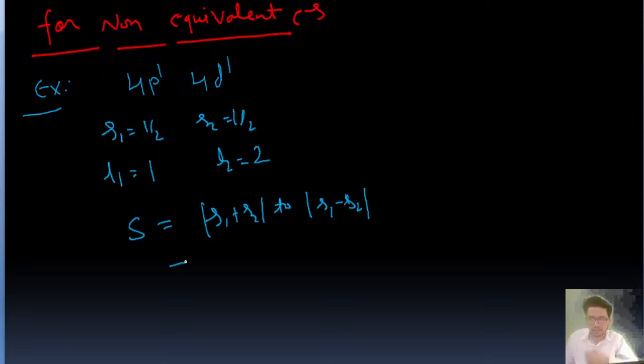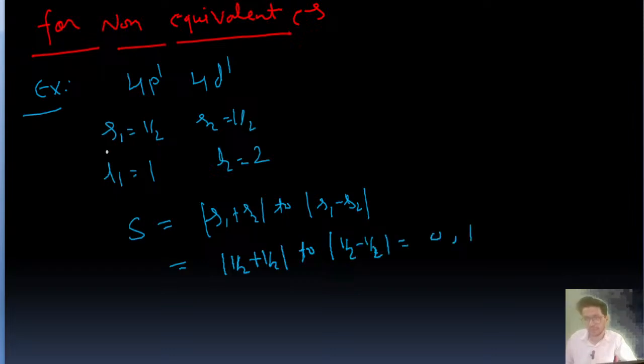We made a mistake: these are half values, so this is mod of half plus half to mod of half minus half. So these values are going to be 1, comma 0.